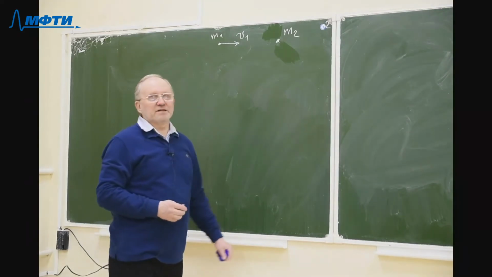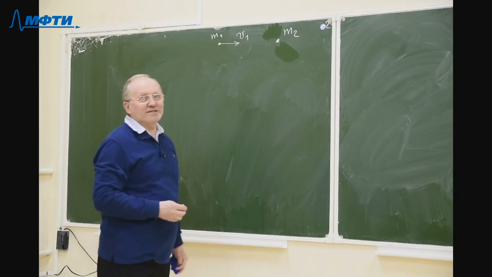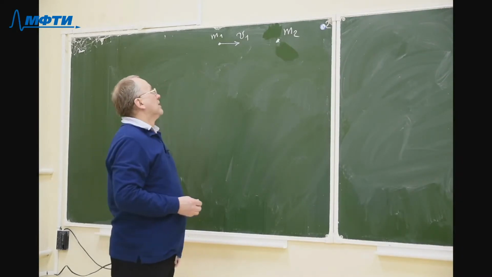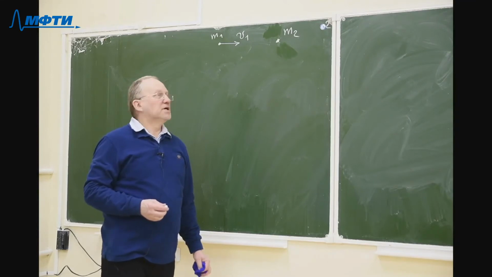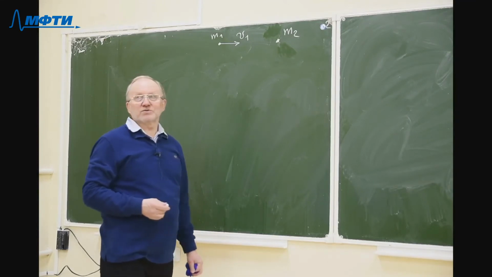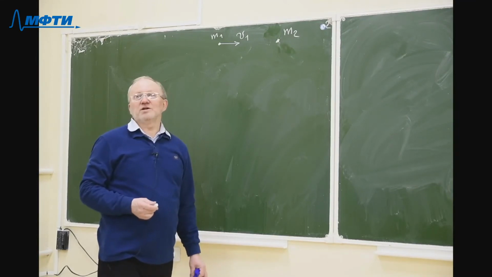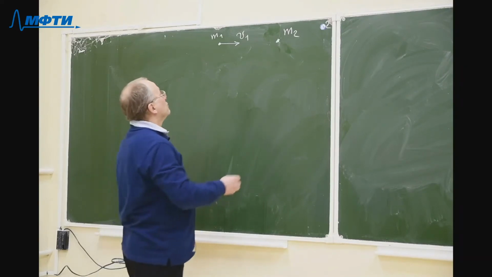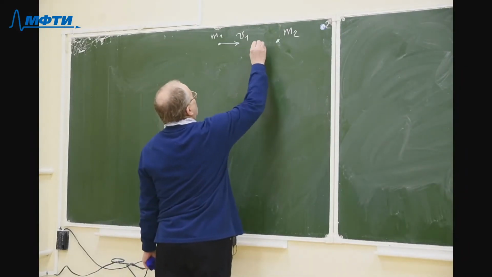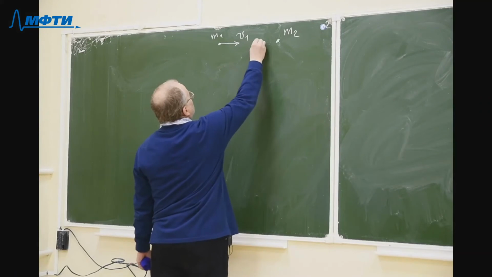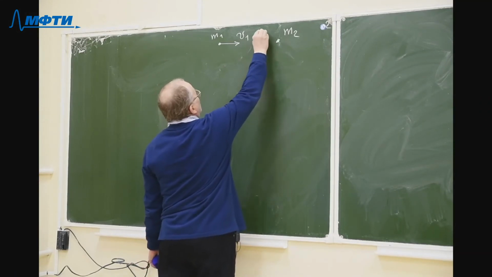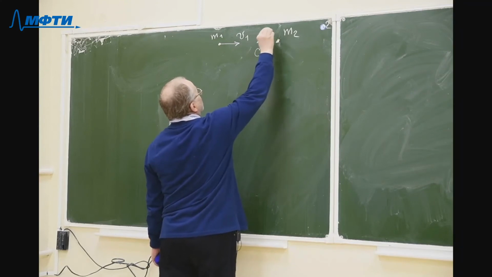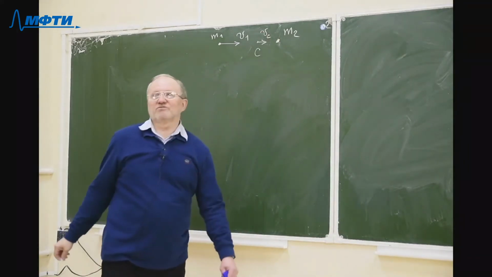In an elastic collision of two particles, in order to analyze this situation, it would be useful to consider this process in the reference frame related to the center of mass. The center of mass of these two particles moves with some velocity, which I will denote by Vc, the velocity of the center of mass.